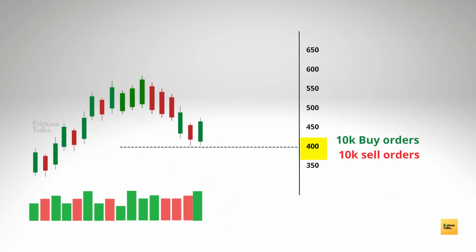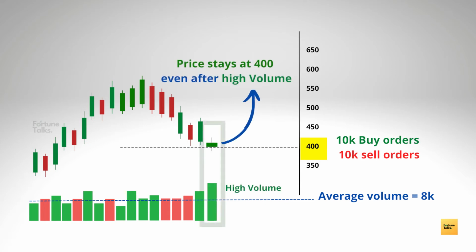For example, let's say there are 10,000 buy orders and 10,000 sell orders, all at rupees 400 of a stock. And let us say that the average volume of the stock is 8,000 for the last 10 days. Even though the 10,000 shares were exchanged, resulting in a higher than average volume for the particular day, the price will not move up.